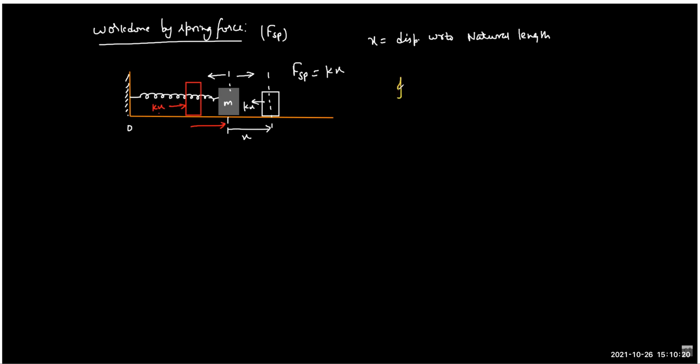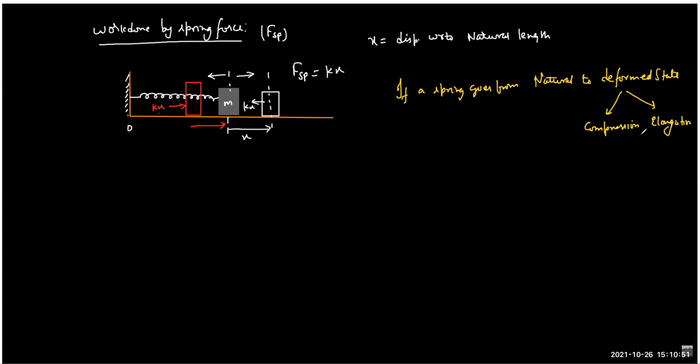So if a spring goes from natural to deformed state, now deformed state can be compressive or elongation. It may be compression or it may be elongation.